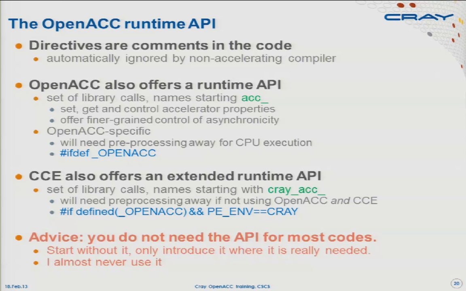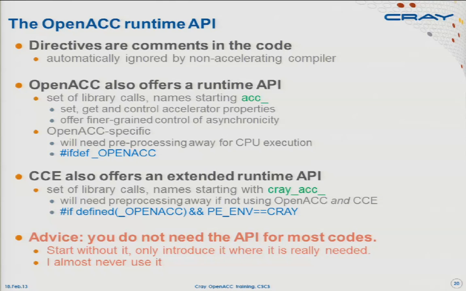Now, a big topic of the standard, if you look in the little folder you get there, is the Runtime API. This is function calls that you can make in your code that allow you to do OpenACC types of things. Directives were comments in the code that are ignored if the compiler doesn't like OpenACC.